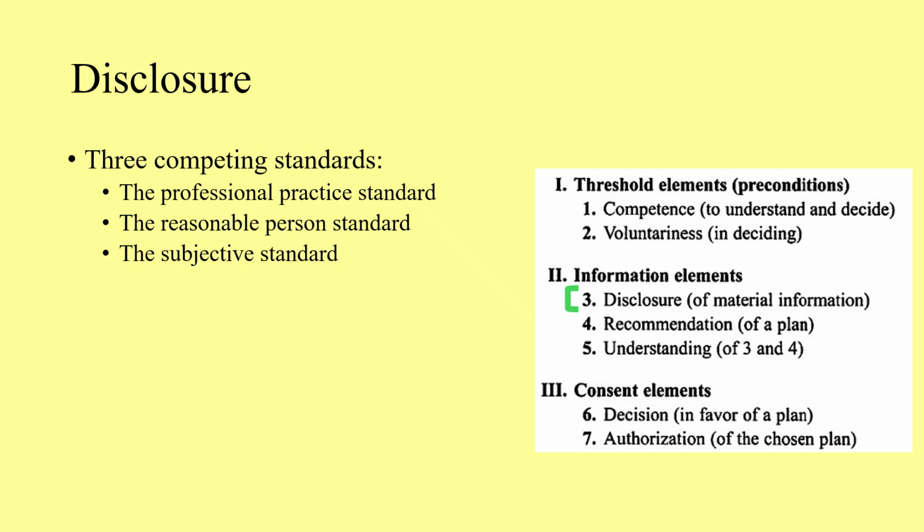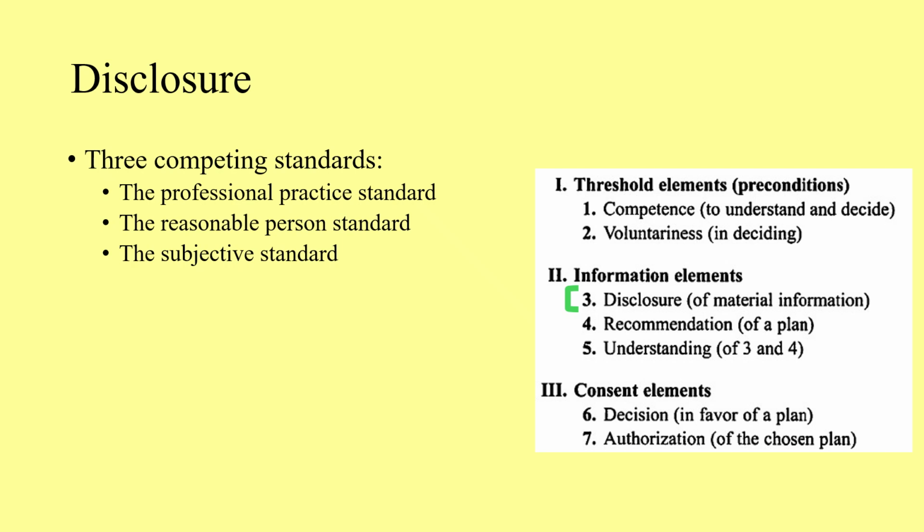The second standard here, the reasonable person standard, here we're supposed to conjure up some hypothetical reasonable person. And we ask ourselves, well, what does this reasonable person expect from us when we're disclosing this information?